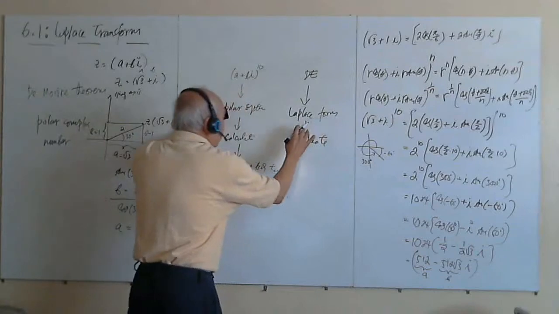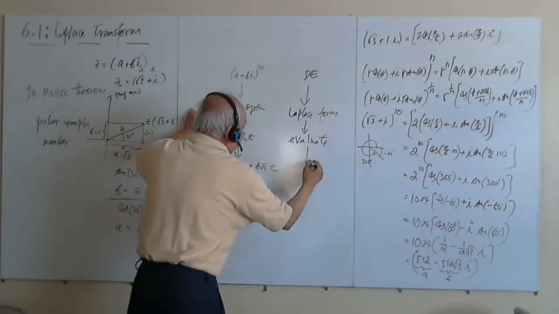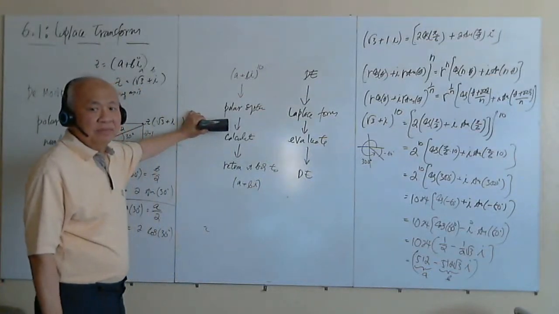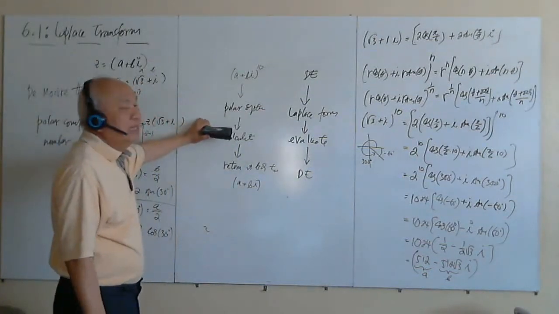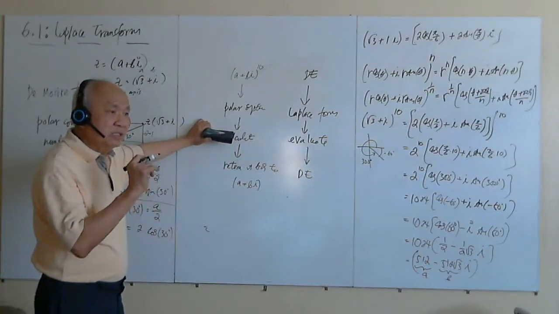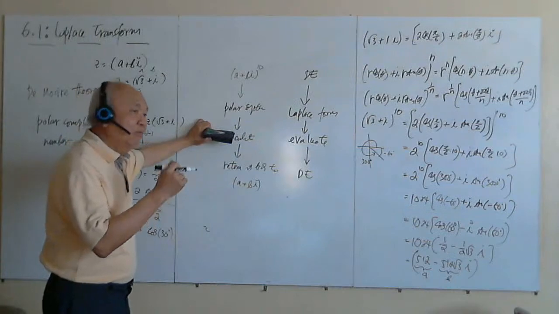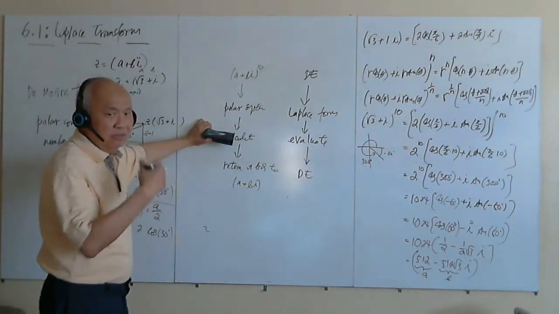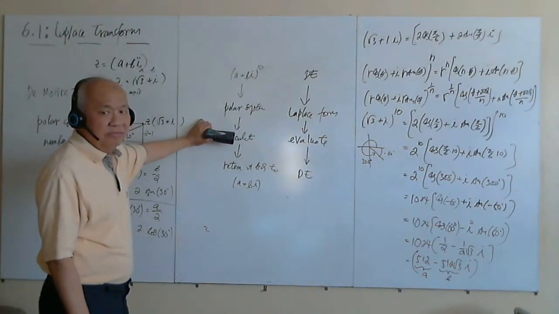Once you finish evaluating and get the result, you return it back into the DE. But this is just a stepping stone. Once we achieve the result, we get rid of it and go all the way back into the DE form.